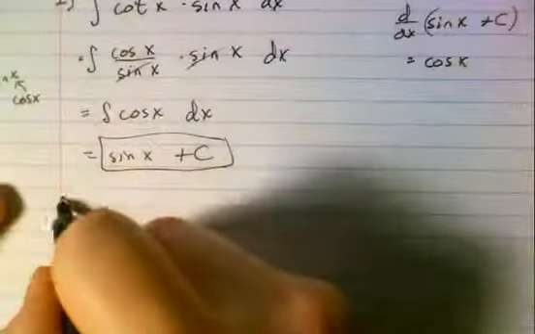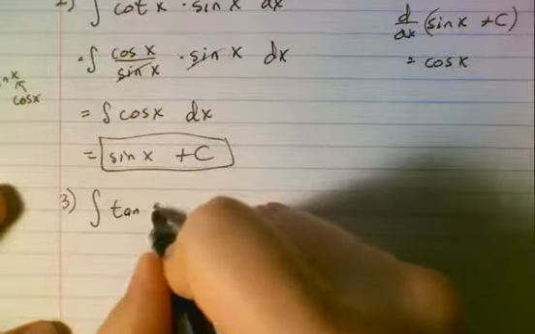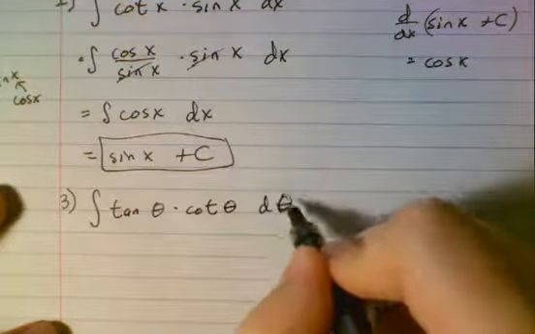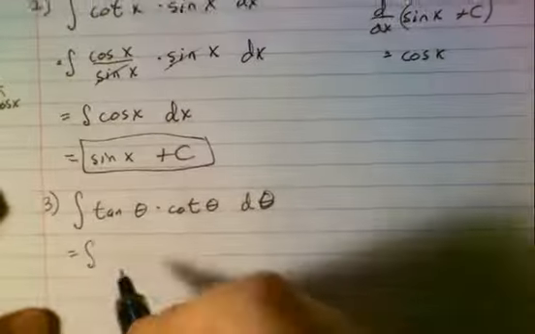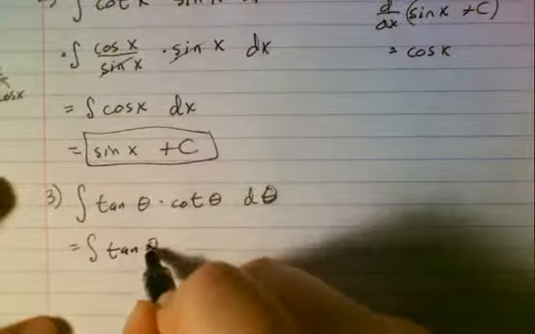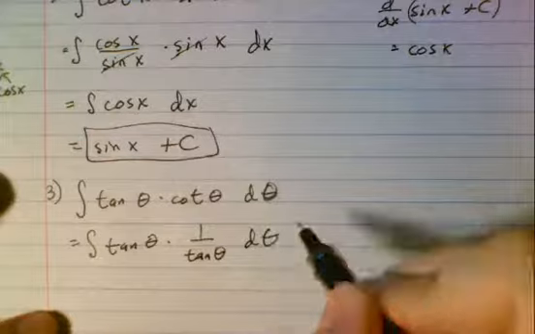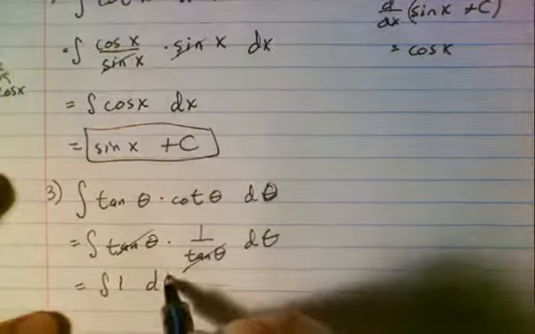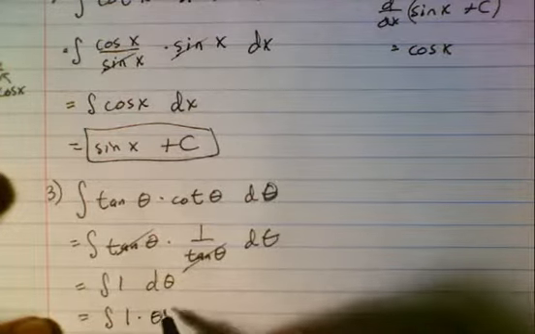Sometimes we can even get the trigonometric functions to go away entirely. So let's say we're trying to do the antiderivative of the tangent of theta times the cotangent of theta. Remember, theta is just another variable. Well, if we use this rewrite, we can say this is the tangent of theta times 1 over the tangent of theta. Those cancel out. This is just the antiderivative of 1. And so this is the same as the antiderivative of 1 times theta to the 0 power.